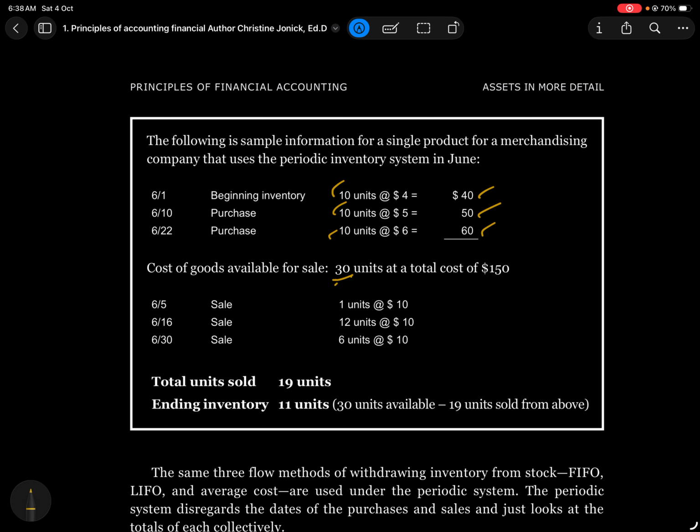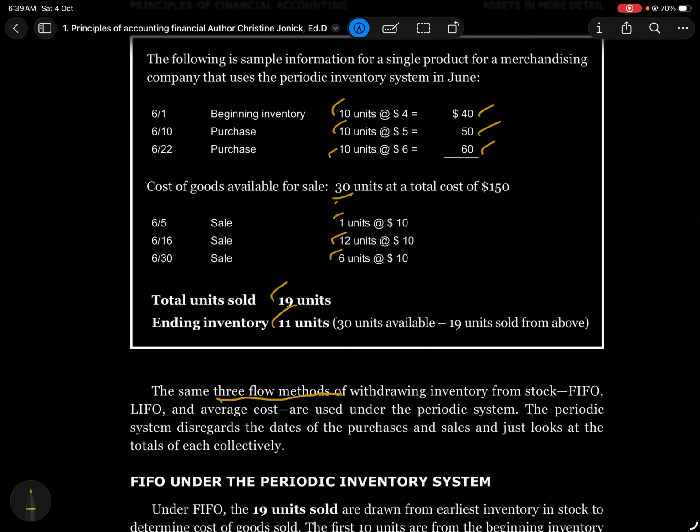When we made sales of 1 unit, 12 units, 6 units, our total units sold is 19, right? Ending inventory has to be 11 units. This is the same regardless of what kind of inventory method we are using, right? Okay, this would be 150 now.